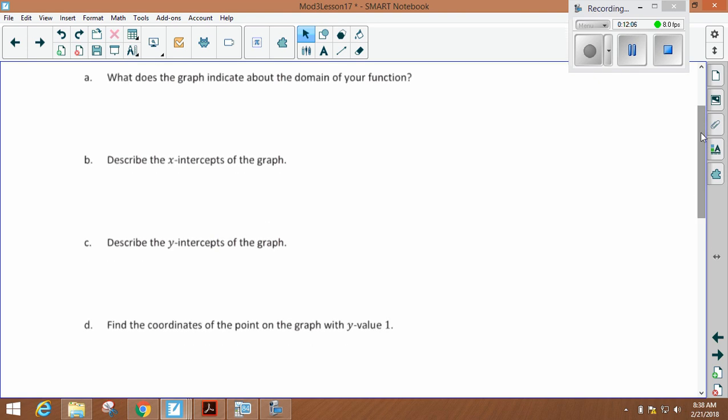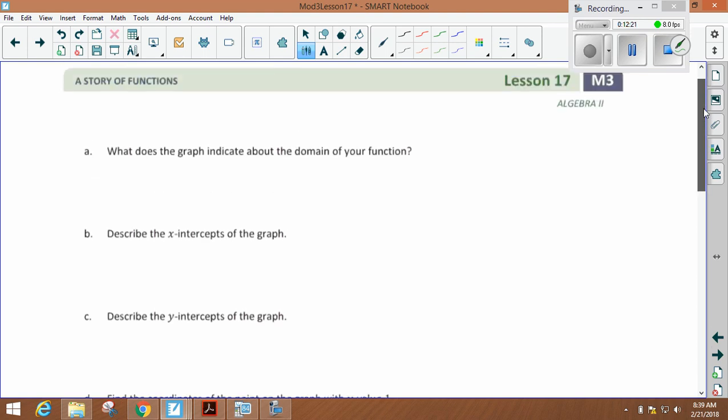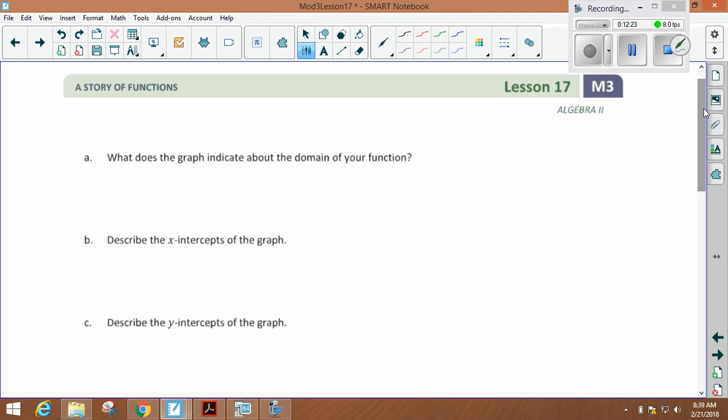What does the graph indicate about the domain of our function? Well, remember, I think it's been a little while since we talked about that, so let's remind you.